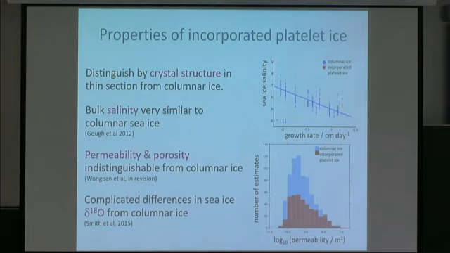And we also believe that the permeability and the porosity of incorporated platelet ice are very similar to columnar ice. So we're not going to be able to detect that remotely.